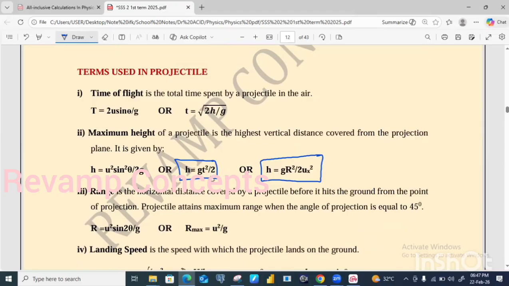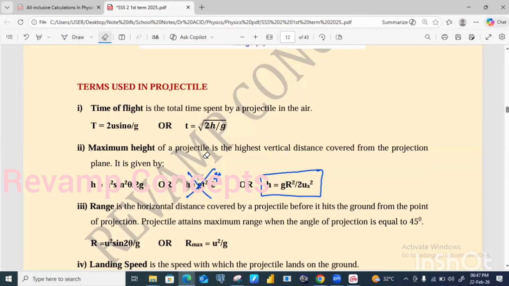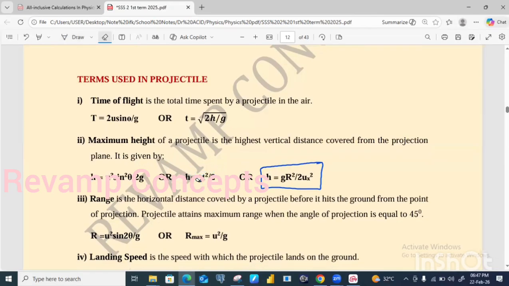As you can see in those parameters, we don't have time there, so this is not appropriate. We can't use this one because time is not there, except you want to first look for the time and later find the height. But since we have a formula that can handle it for us, there's no point going through all that stress.